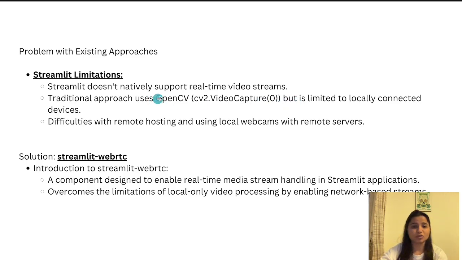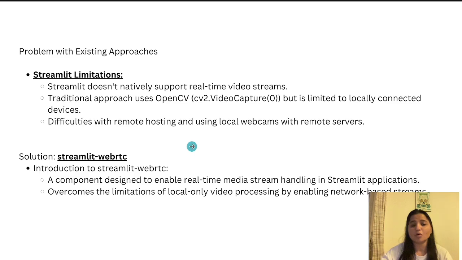So you can connect OpenCV with your own webcam and create some kind of demo. But these were very limited when you try to host these things on some kind of server or remote hosting. That time we faced this difficulty.